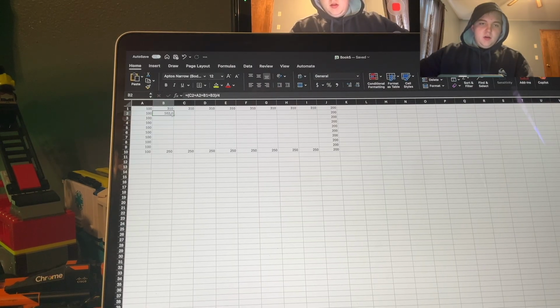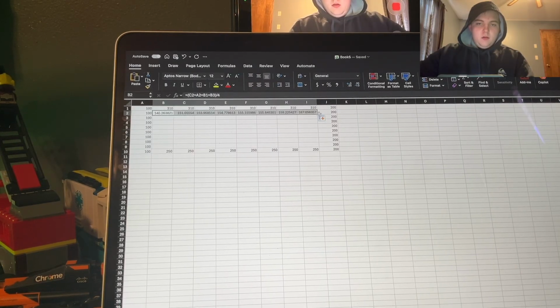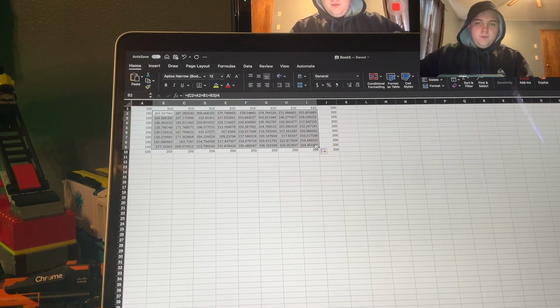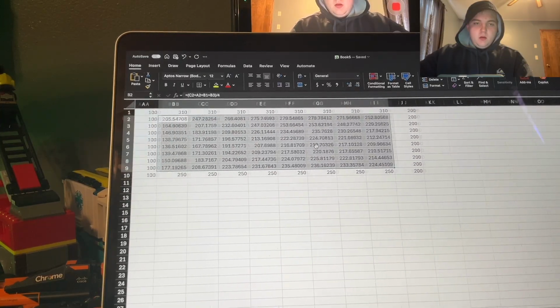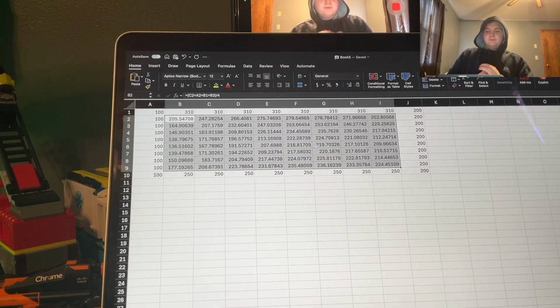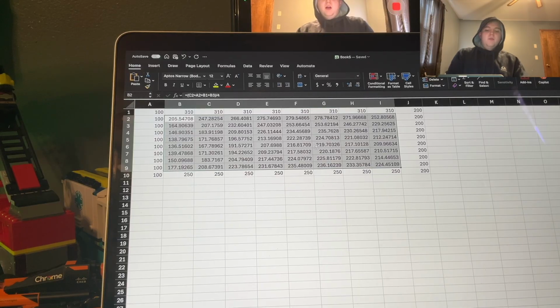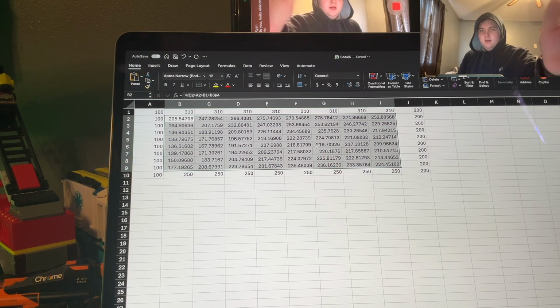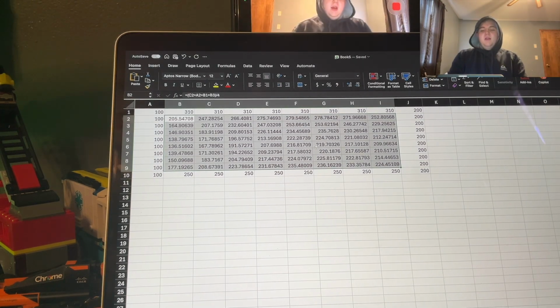Then we're just going to drag it over and drag it down. Okay, there you go. That shows our matrix and how there is a different value for every cell in the matrix.